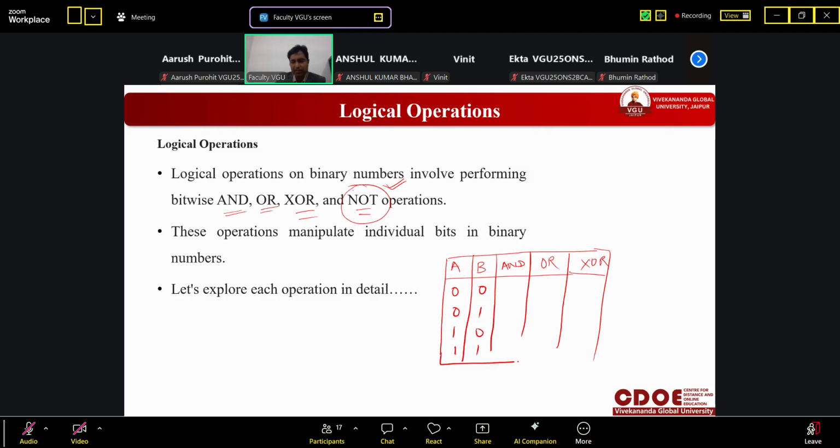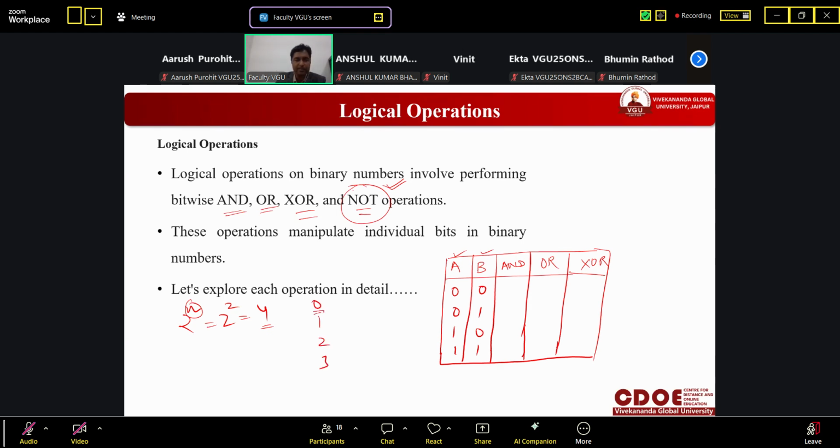These are the possible combinations. I told you how we can write it. This is the formula, that is 2 raised to power n. These are the 2 bits, so n will be 2. So 2 raised to power 2 will be 4, so 4 combinations are possible. If we count from 0, it will go up to 3: 0, 1, 2, and 3.